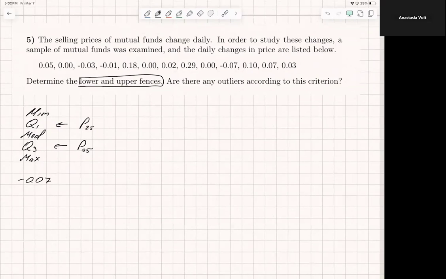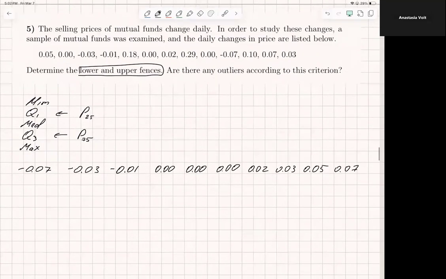So first one is negative 0.07, negative 0.03, negative 0.01, 3 times 0, then we have 0.02, 0.03, 0.05, 0.07. Oh, and more.